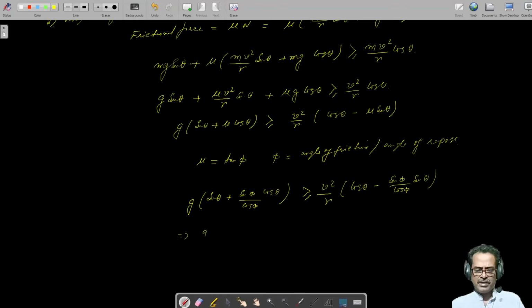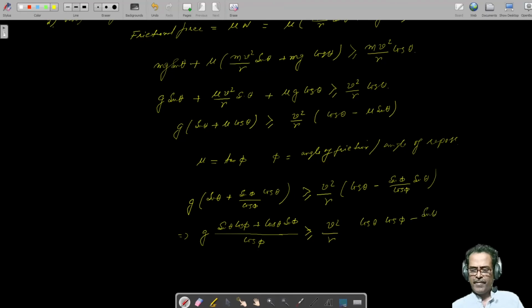That implies g (sin theta cos phi plus cos theta sin phi) divided by cos phi is greater than or equal to v square by r (cos theta cos phi minus sin theta sin phi) divided by cos phi.